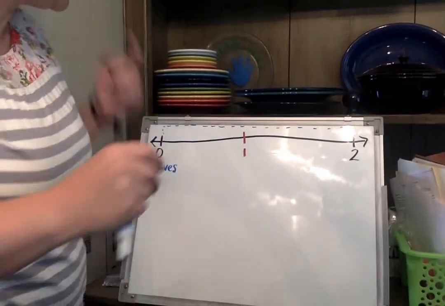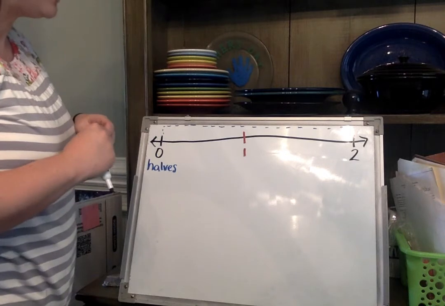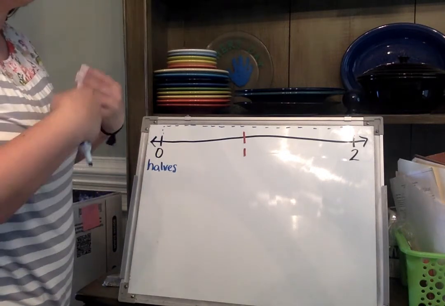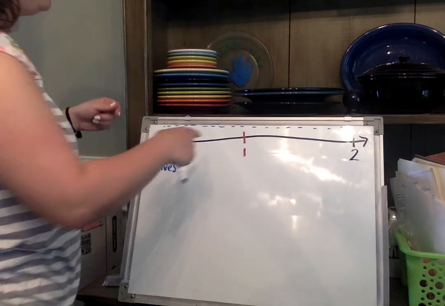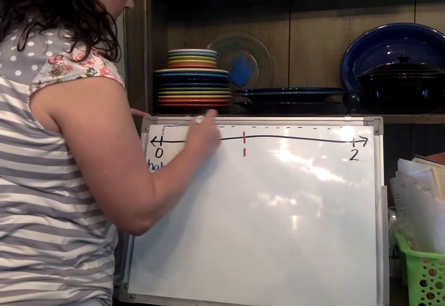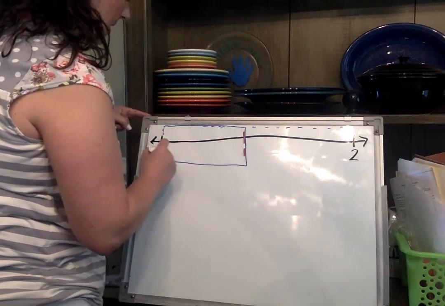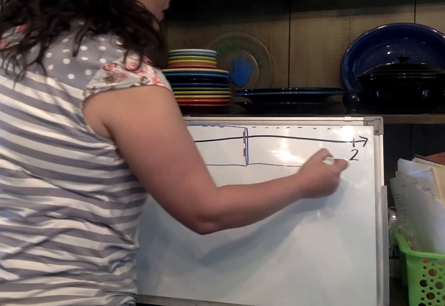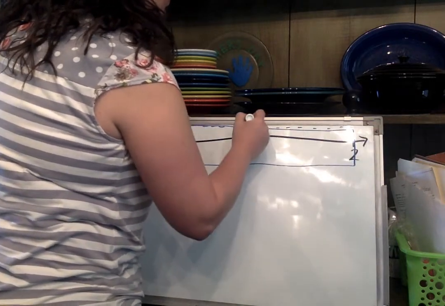So I drew that tape diagram, and what I need to understand was I'm actually not looking at one whole tape diagram, because here is a whole, and here is another whole.